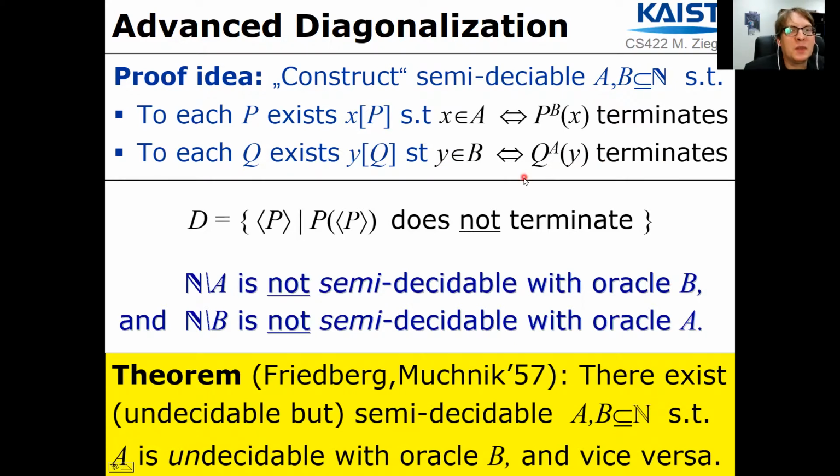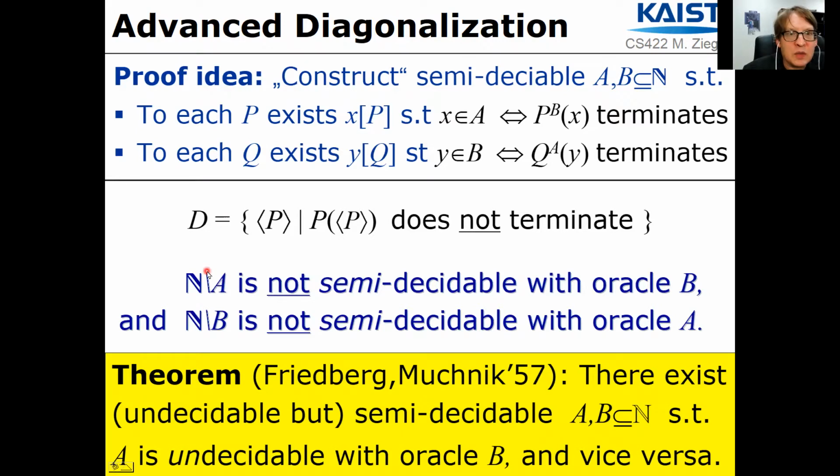Why is that a good proof strategy? Because then one immediately arrives at Friedberg and Muchnick's result and statement, right? Suppose we have proven that.